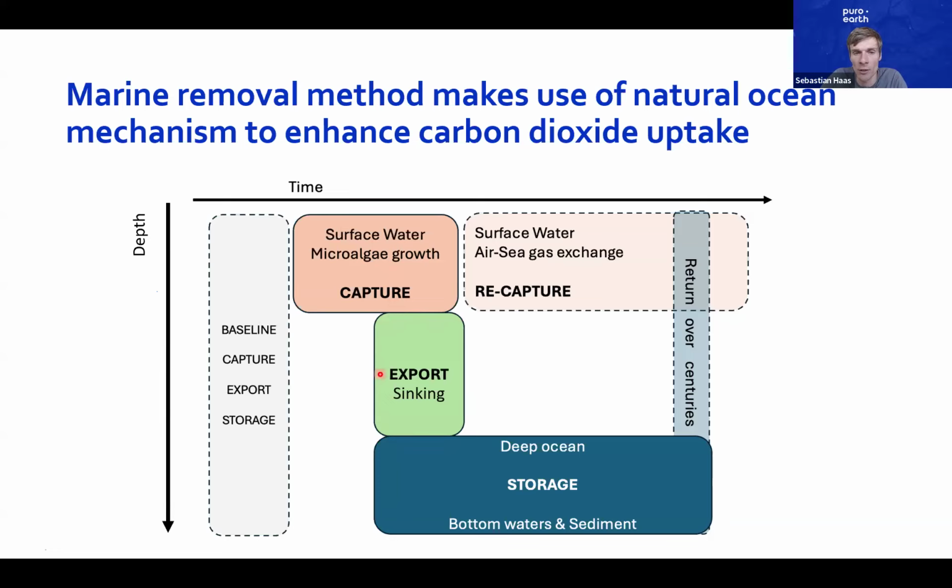Again, that's a natural process in the ocean that is enhanced by the technology, specifically the increased density of the substrate during the export phase that allows it to sink through the ocean water column at fairly high speeds, and delivering it to the deep ocean, where this technology is making use of the long potential storage time of deep ocean water. So the long time that deep ocean water is isolated from the atmosphere and everything that is within it, along with it.